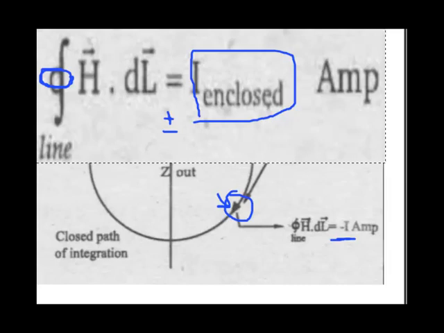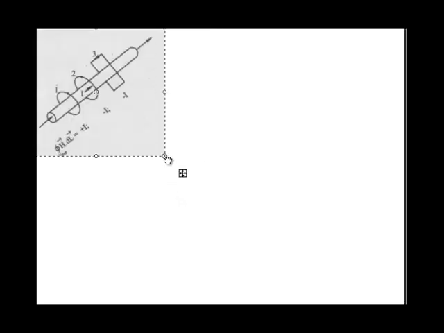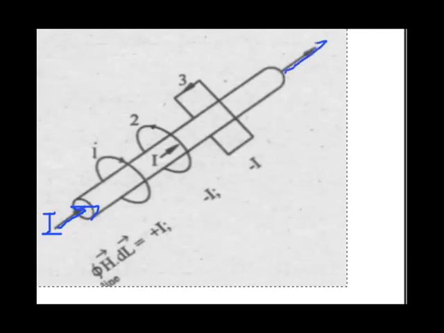This can be understood with the help of another figure also. See this figure. In this figure you can see the current is flowing from bottom to top. This is the direction of current I, entering from this side and leaving from this side.